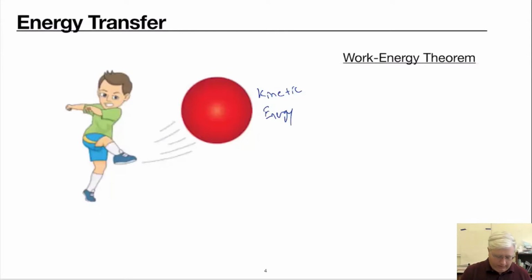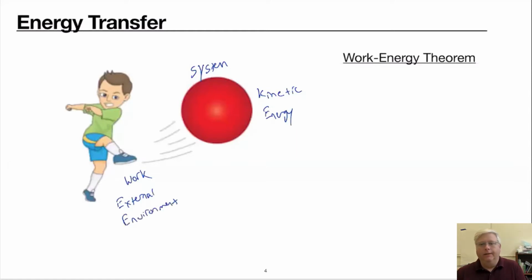Our ball is our system, and your foot that's doing work can be the external environment. The amount of work that your foot does is equal to the energy gained by the ball.